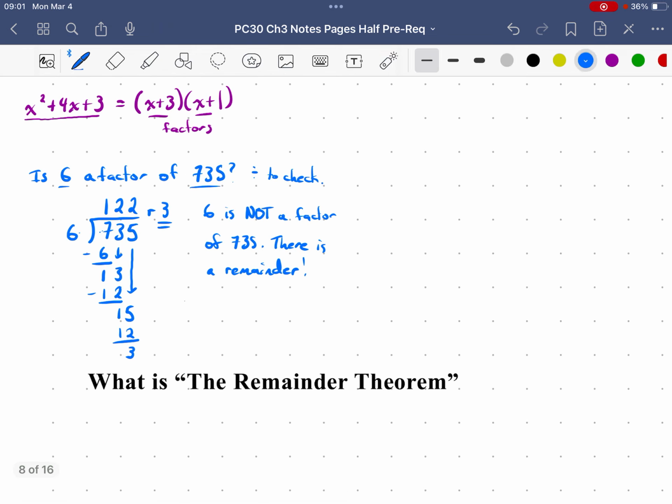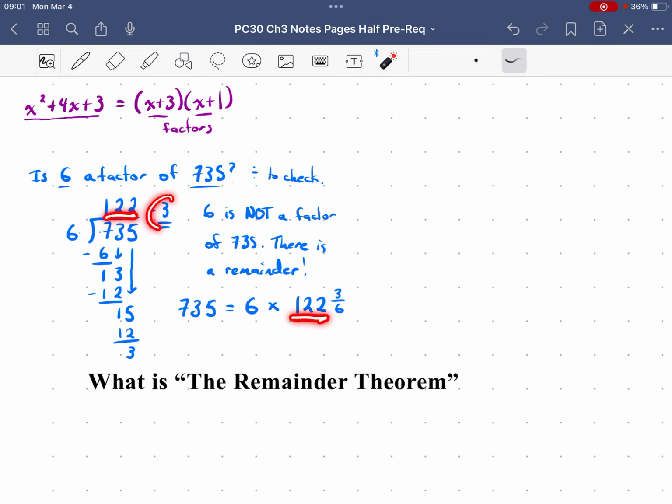Well, in this case, I would write down 735 is equal to 6 times 122 and 3/6, or 122 and a half, or 122.5. All right, so here's our 122, here's our 3, and here is where the 6 comes from. So again, this is important. 6 is not a factor of 735 because there is a remainder.